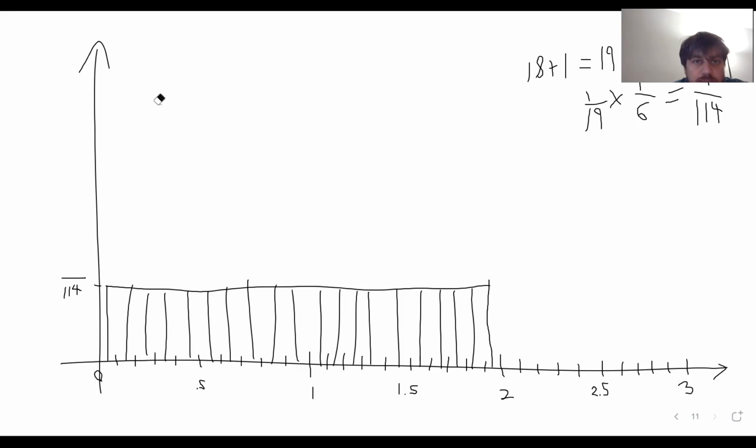So 1/10 of the space makes up, wait, no, okay, sorry, I made a mistake.